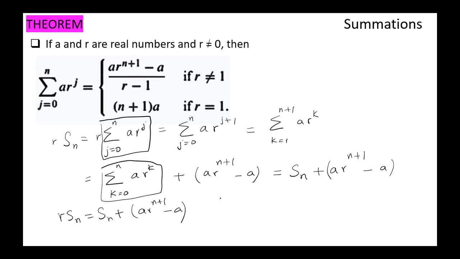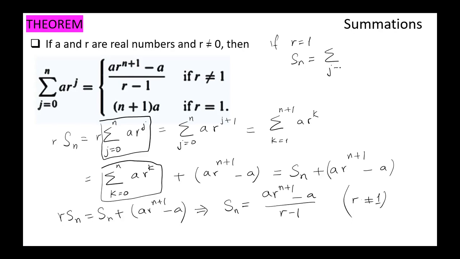Solving for S_n shows that if r is not equal to 1, then S_n equals (a r to the power n plus 1 minus a) over r minus 1. If r equals 1, then S_n equals the summation j equals 0 to n of a r to the power j, which is the summation j equals 0 to n of a, which is n plus 1 multiplied by a. Hence proved.